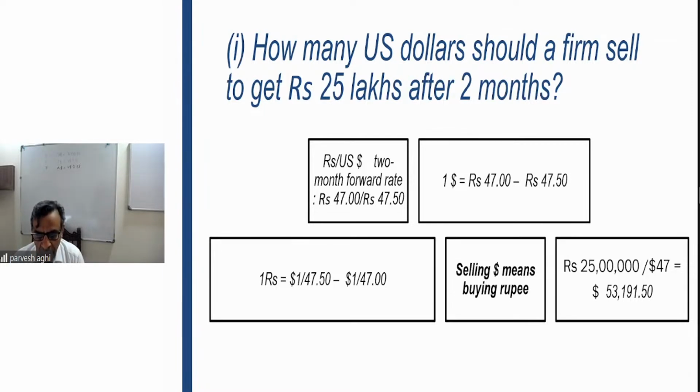Then you want to sell dollars and buy rupees, so you should look for the ask rate. So this will be 25 lakh rupees into 1 divided by 47. So you get this. Is that clear to all of you? Please tell me if you have got it. We can move to the second one. Sell US dollars and buy INR.